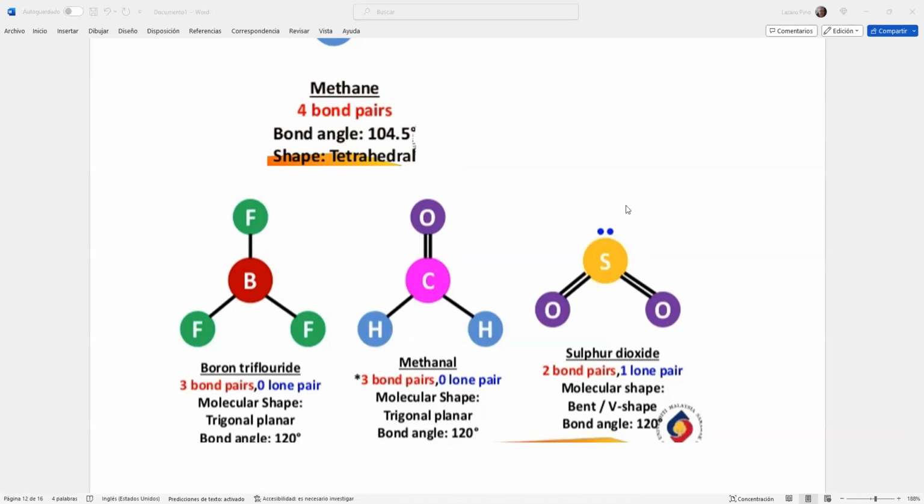In the third case, you have a lone pair of electrons, so it is not trigonal, it is bent. Look, sulfur dioxide, SO2, has a bent structure or V shape.